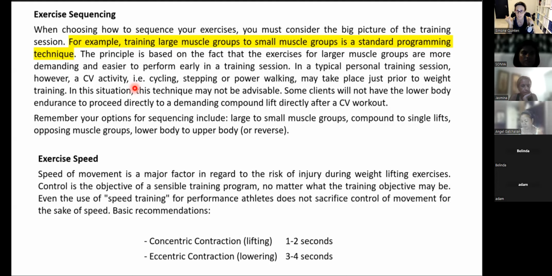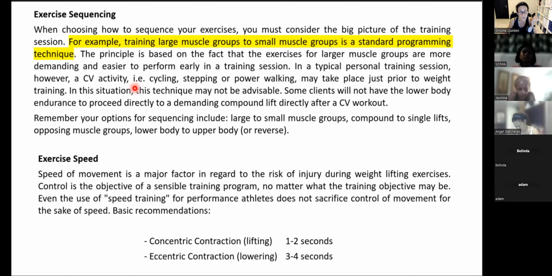This is crazy. If they want to do a warm-up on a treadmill, there's nothing wrong with it, but take it easy. Do it 5 minutes and not so intense, because you don't want to pre-exhaust your muscles. Or they go on a spin bike, which is pretty hardcore. And then afterwards, they wonder why they can't perform anymore in their weight training session.